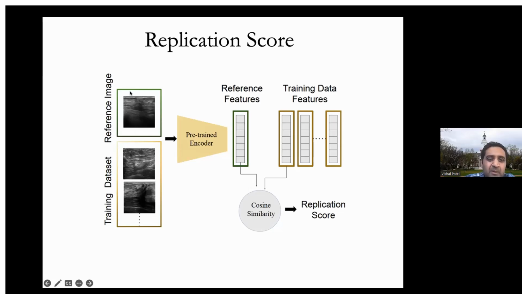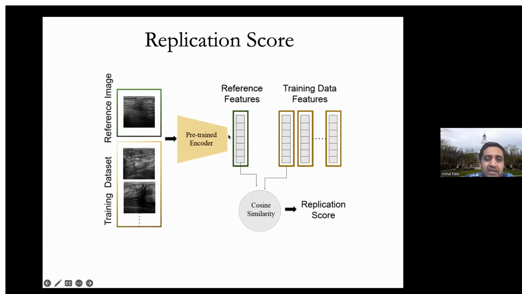What we do is we come up with a way to characterize how similar this generated image is compared to your training set. We use a pre-trained model to extract some features from the generated image as well as the training set. And then we do the so-called cosine similarity. It's basically the inner product of the two vectors.